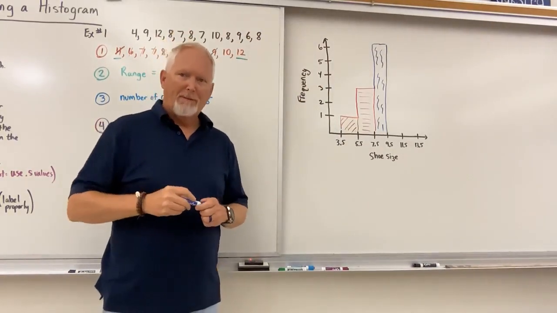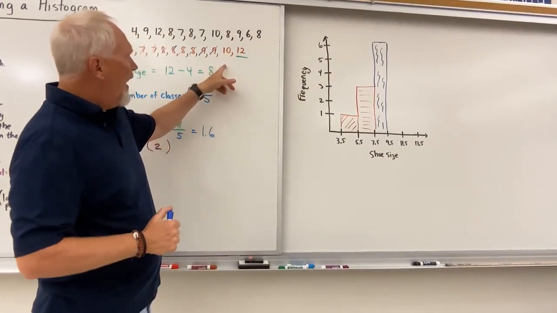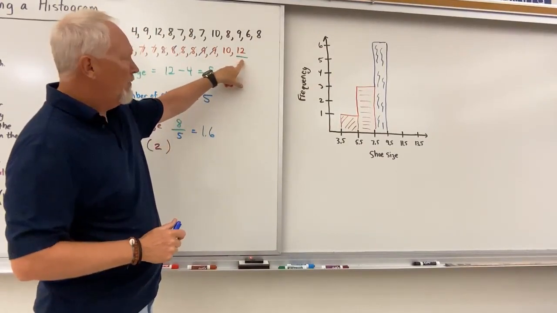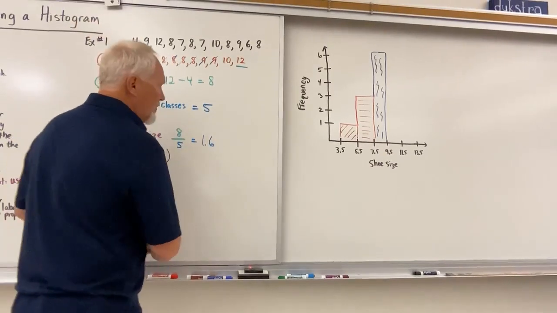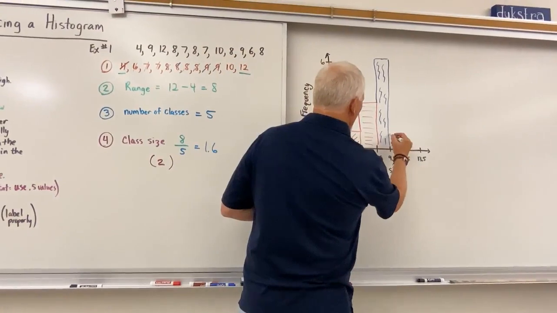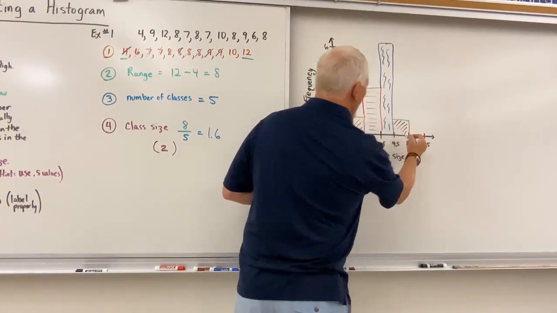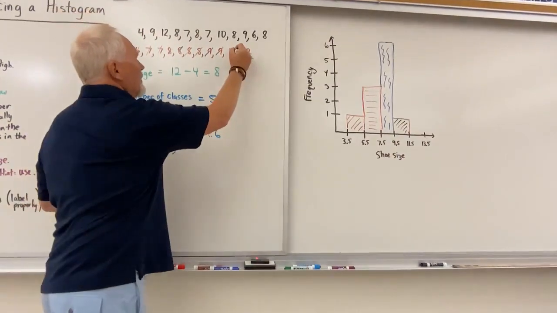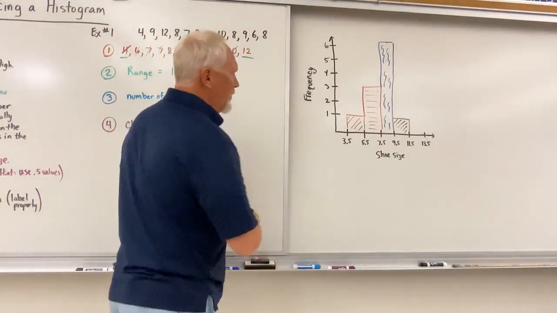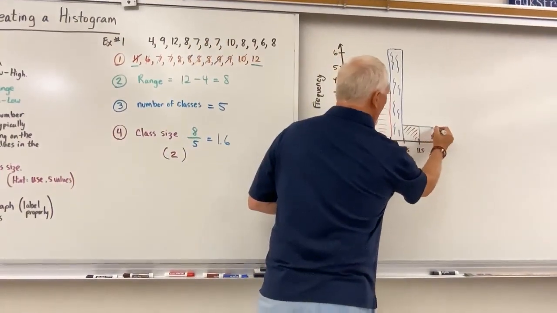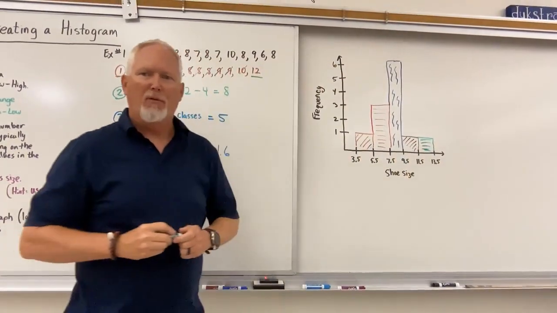Okay? So now we're looking for 9.5 to 11.5. Well, the 12 doesn't fit in that range, but the 10 does. So I'm going to use the 10, and I'll go here at 1 and go down, and so that will be my 10. And then I've got one for 12. So I'll simply add that on at 1, and then that's my 12 range.